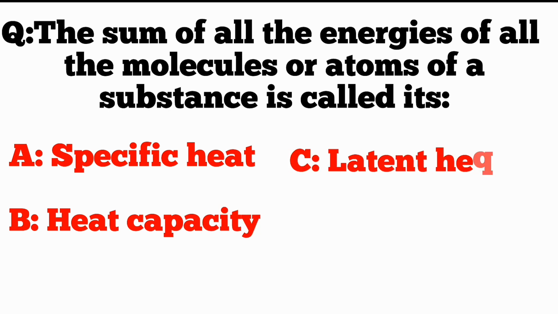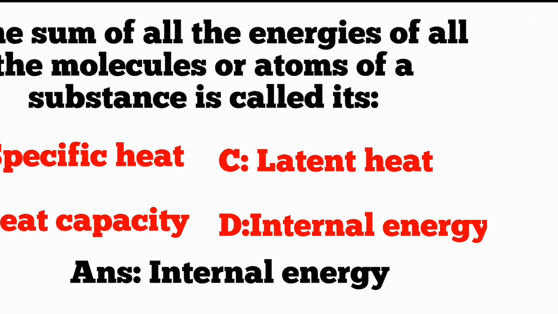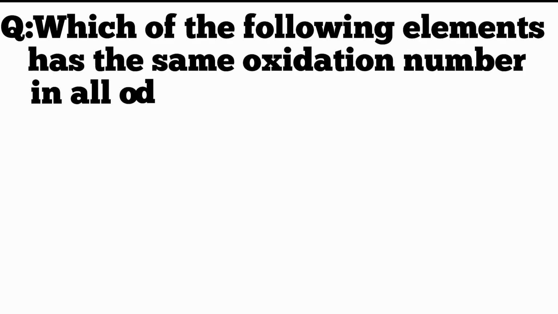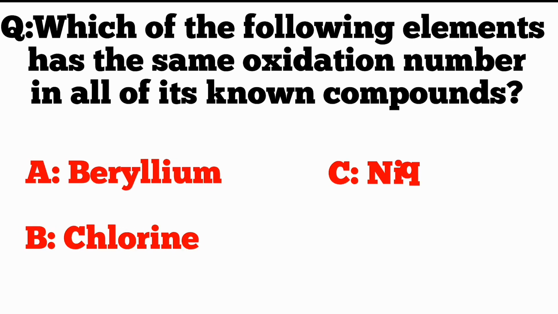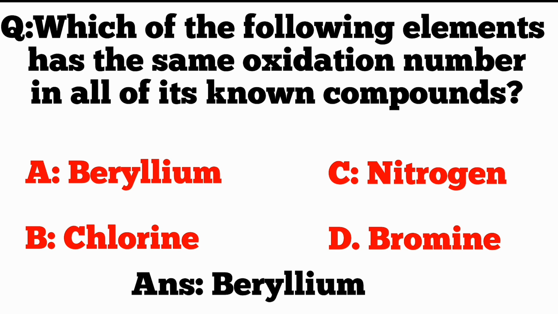C. Latent heat. D. Internal energy. Ans. Internal energy. Q. Which of the following elements has the same oxidation number in all of its known compounds? A. Beryllium. B. Chlorine. C. Nitrogen. D. Bromine. Ans. Beryllium.